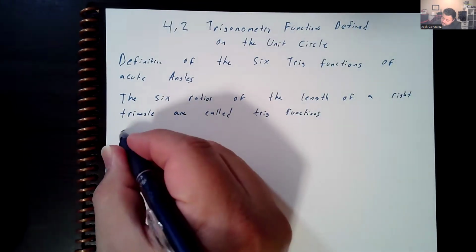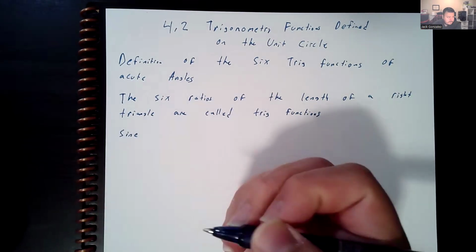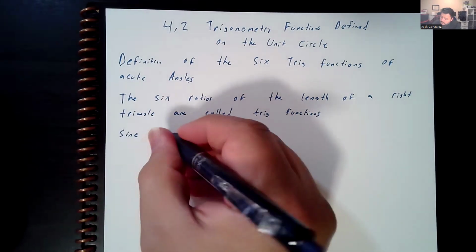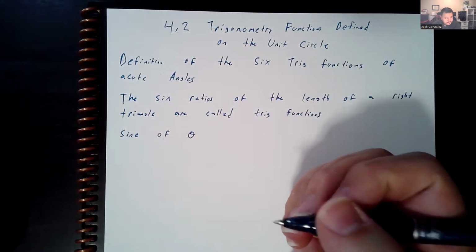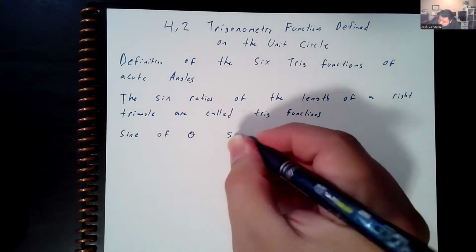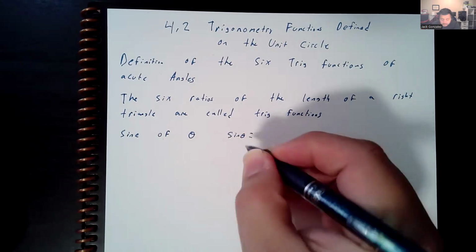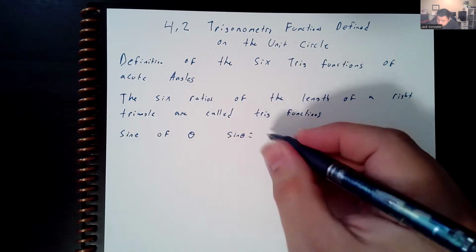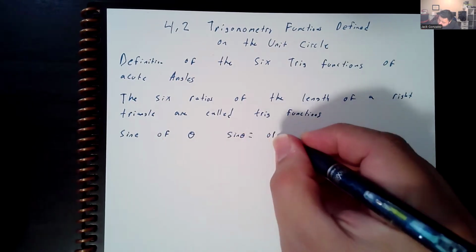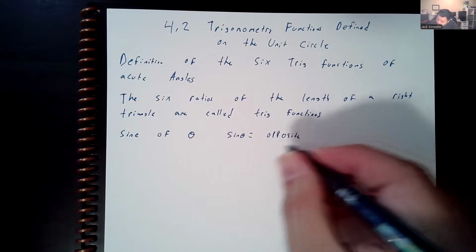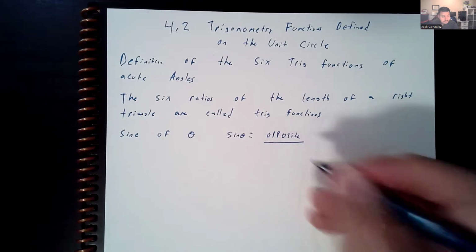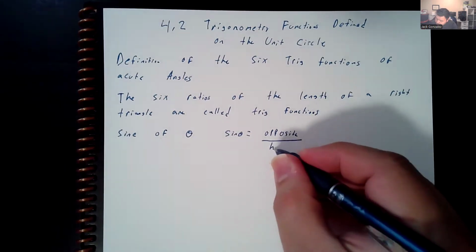So that's how you write the sine. Sine of an angle theta, which is the angle of the acute triangle, is defined as this ratio: the opposite side over the hypotenuse.